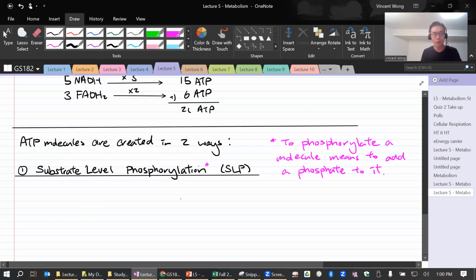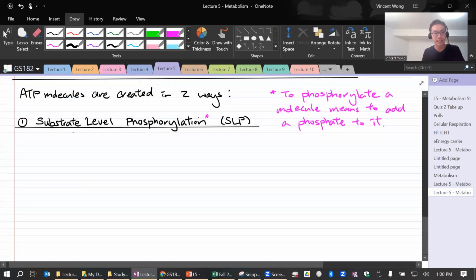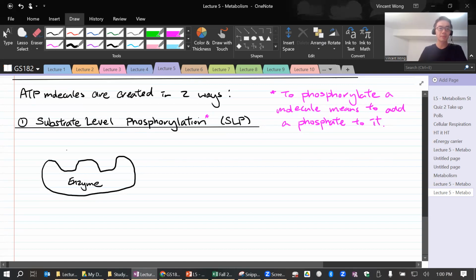So what is going on in substrate level phosphorylation? This is one of the 2 ways of making ATP in the cell. So we're gonna need to have an enzyme. Everything needs an enzyme in the body, every reaction. Enzyme helps catalyze reaction. And we have a donor molecule here.